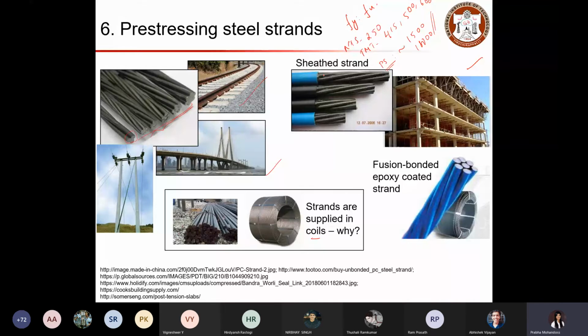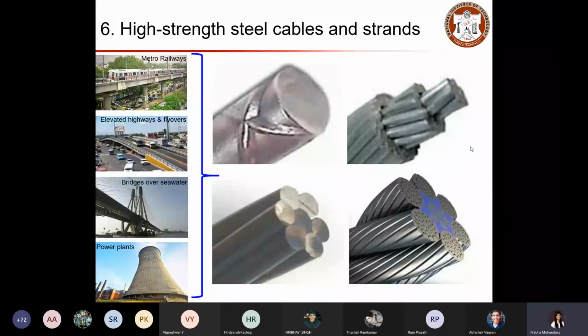In some cases, you can even coat the strand using fusion bonded epoxy. So this indicates such type of coated strand, called fusion bonded epoxy coated strand. Again, when you look in detail, these high strength steel cables and strands can be used for huge infrastructure projects like elevated highways, bridges over seawater, power plants and metro rail projects.